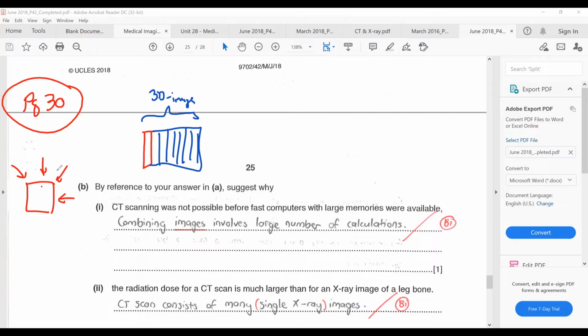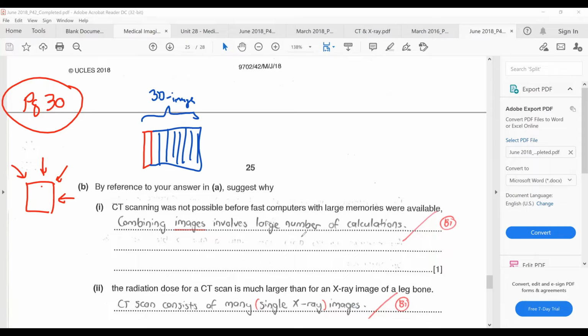So this process where you do a lot of X-rays for one single slice, and then after that you repeat it for many other slices before combining them, actually requires a large number of calculations. So before this, you weren't able to do so because the computers weren't powerful enough to do large number of calculations.